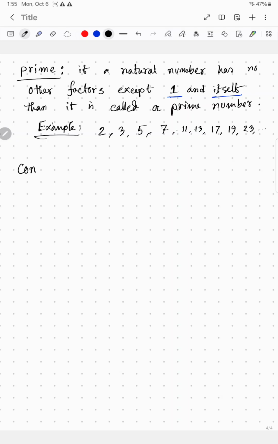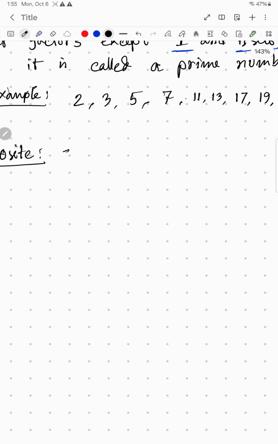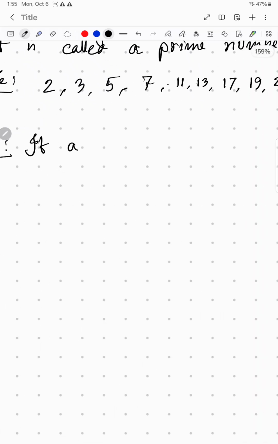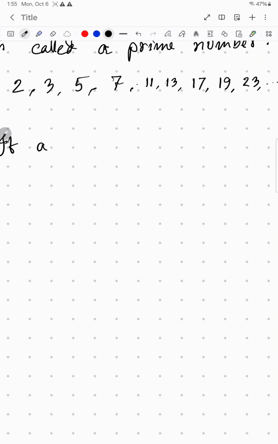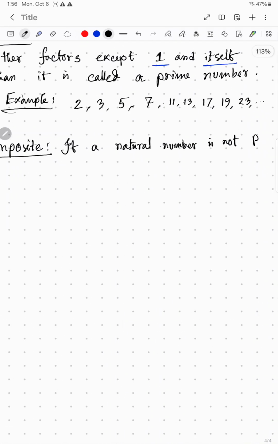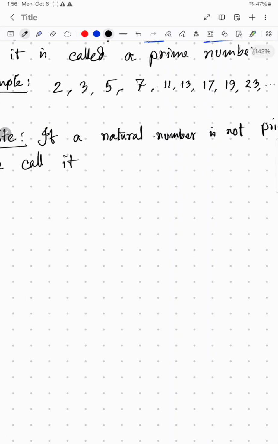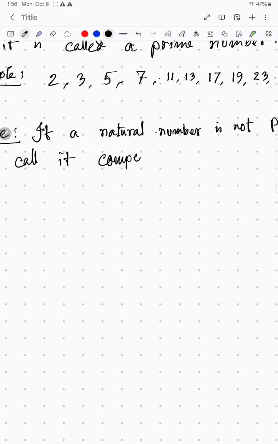Okay, the other number system is called composite numbers. If a number, okay, not just any number, if a natural number is not prime, we call it a composite number.